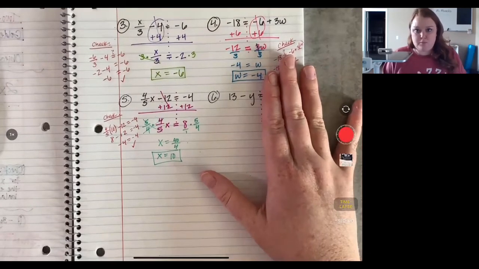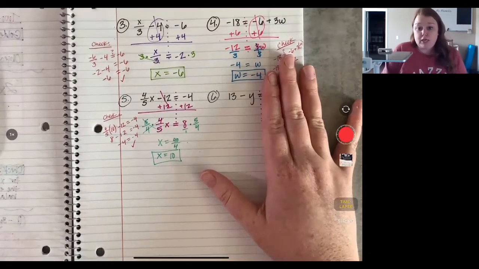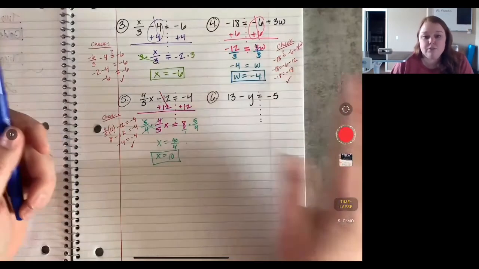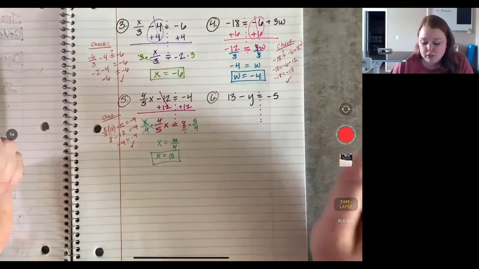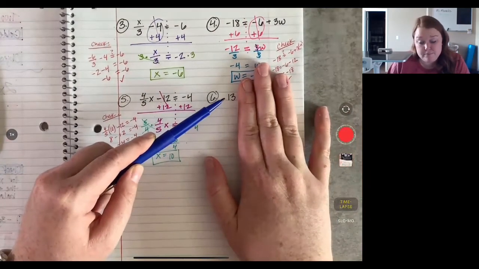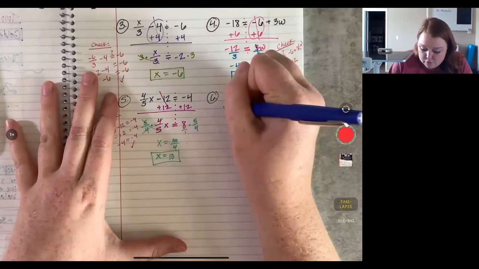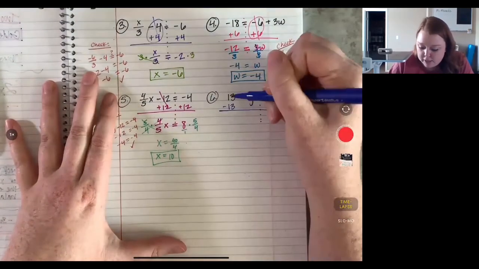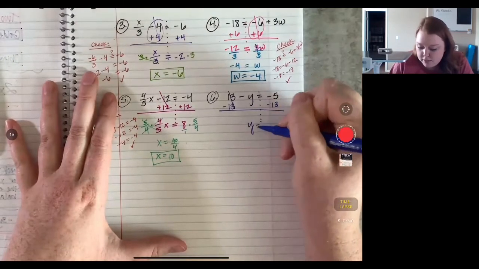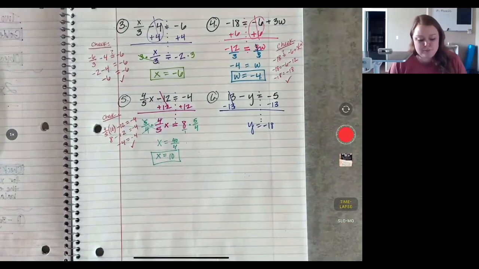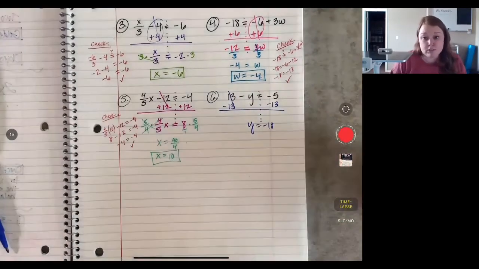I only see one number I need to get rid of. Okay, let's get rid of the 13, right? Am I gonna add or subtract them? Look in front of it. 13 doesn't have a sign, so we know it's positive, right? So therefore, I'm going to subtract 13 on both sides. That cancels out. I'm left with y. -5 minus 13 is -18. Boom, I'm done. Miss Meineke, you're crazy. That was only a one step.